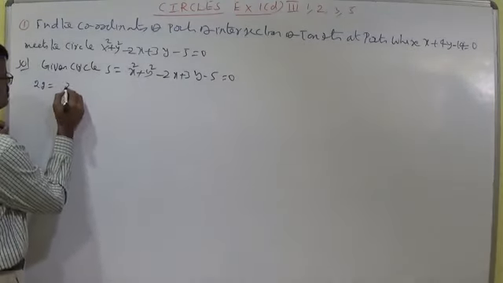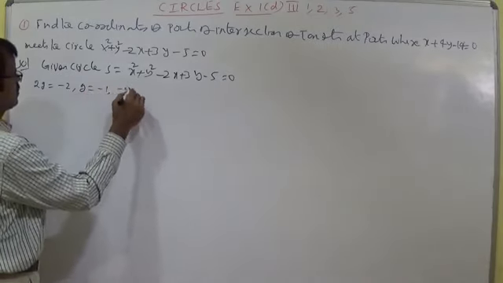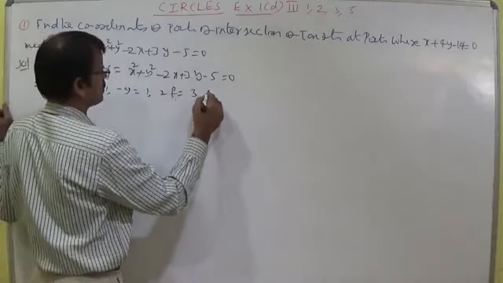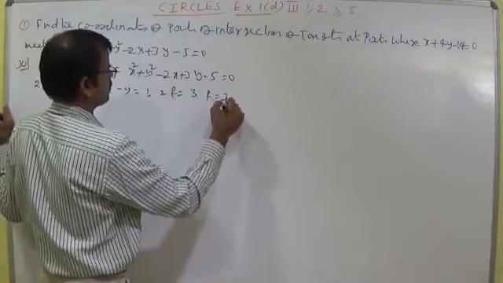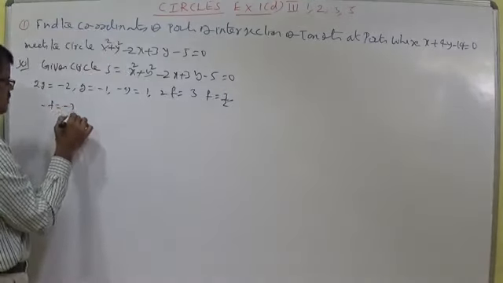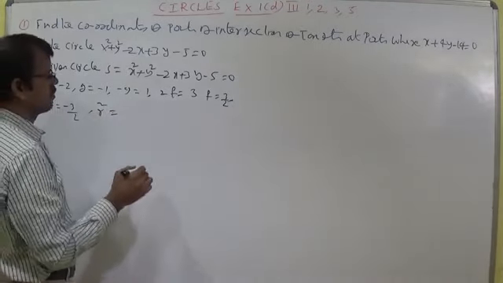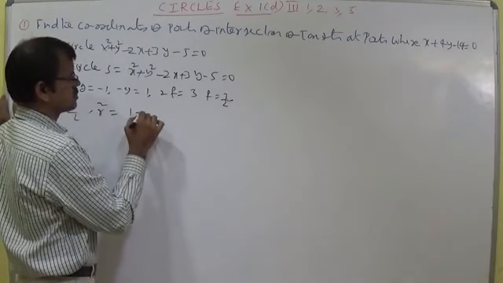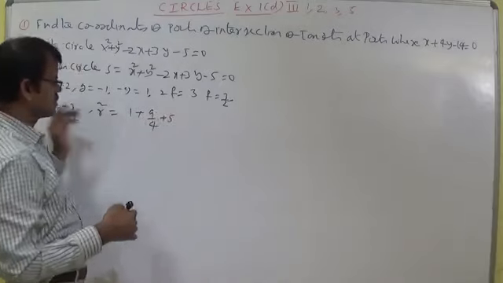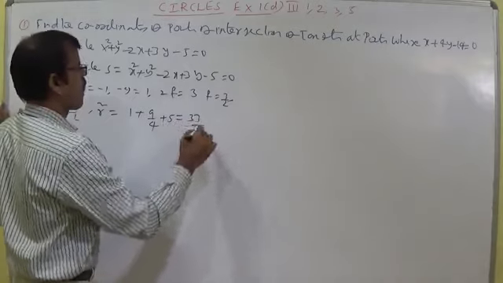According to the 2g concept here, 2g equal to minus 2, g is equal to minus 1, minus g is equal to 1, 2f equal to 3, f equal to 3 by 2, minus f is equal to minus 3 by 2. Again r square we need. R square value is g square plus f square minus c. So this is 1 plus 9 by 4 plus 5, which is 33 by 4.